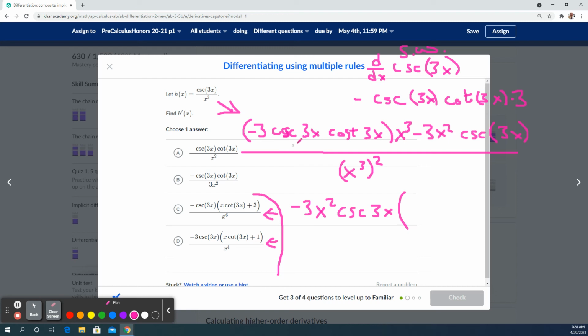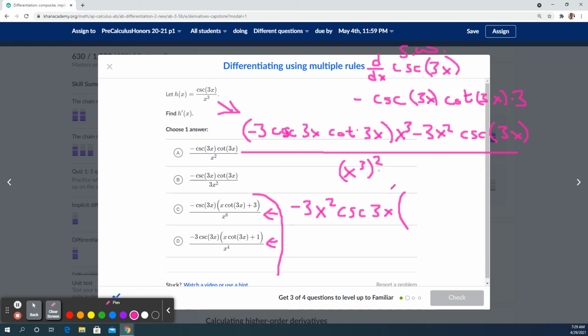So what's left? That's just a cotangent. Cotangent. There we go. So I pulled out the negative 3x squared cosecant 3x.